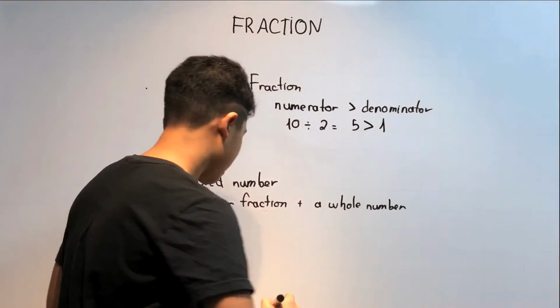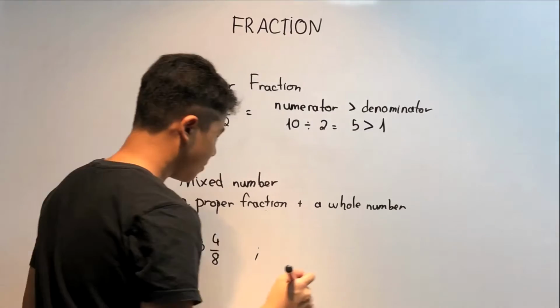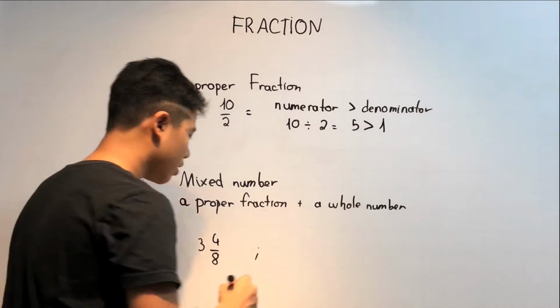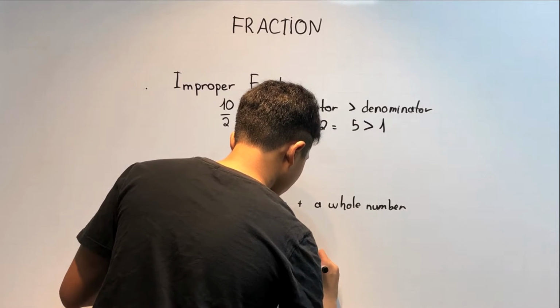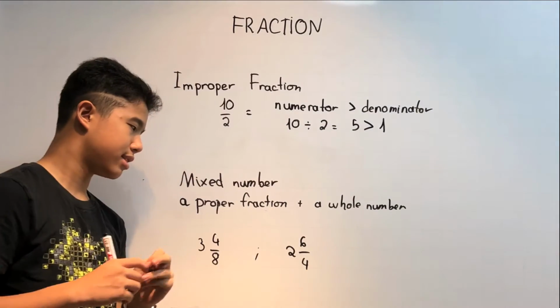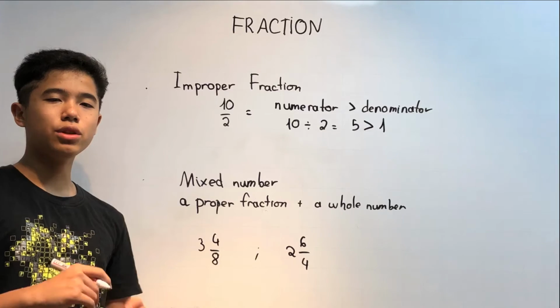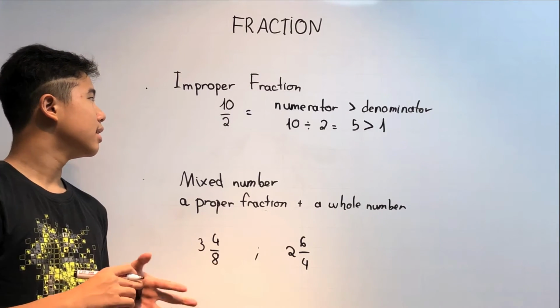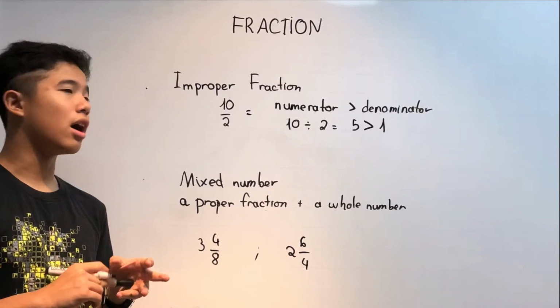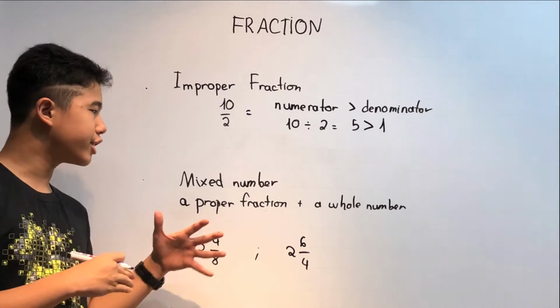Let's look at another example. I think, well, 2 and 6 over 4, I guess. Or 2 and 3 over 2. Something like that.